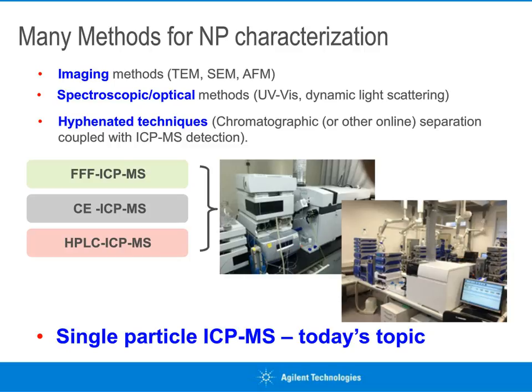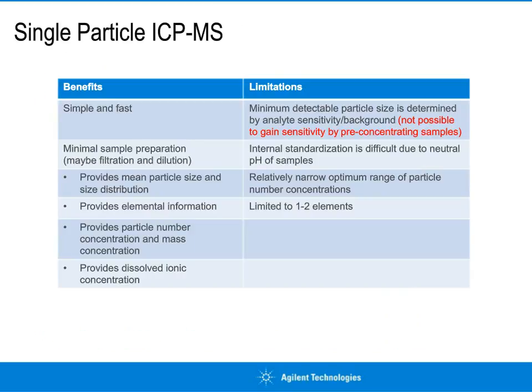So single particle ICP-MS has gained a lot of notoriety in the last several years, mostly because it has a number of really important benefits and only a few limitations. The main benefits are that it's a very simple technique, and it's also a very fast analytical process. Minimum sample preparation is required.